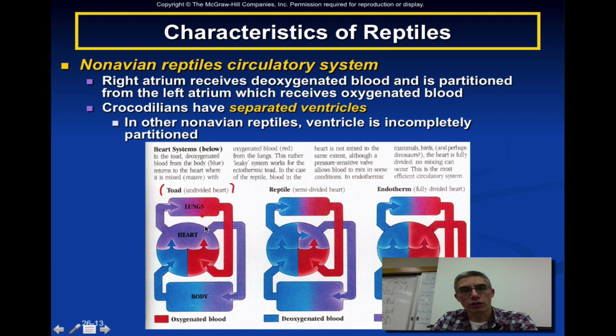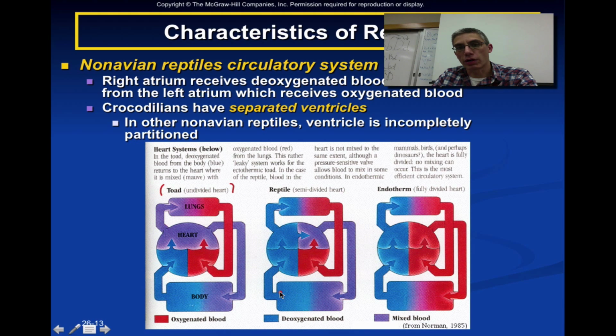We have the heart here, the lungs towards the top, and the body down here. You have to make sure you pay very close attention to the key down here towards the bottom. The red's going to represent the oxygenated blood. It's going to be coming from the lungs. Deoxygenated blood is going to be coming from the body. And what we consider a mixed type of blood is where you actually have the compartments of the heart mixing what I would consider the good blood and the bad blood.